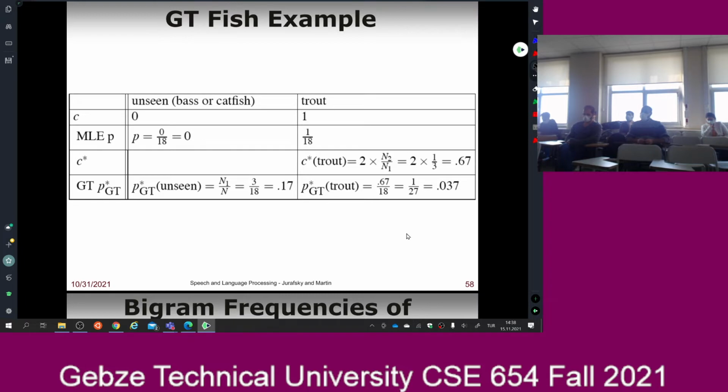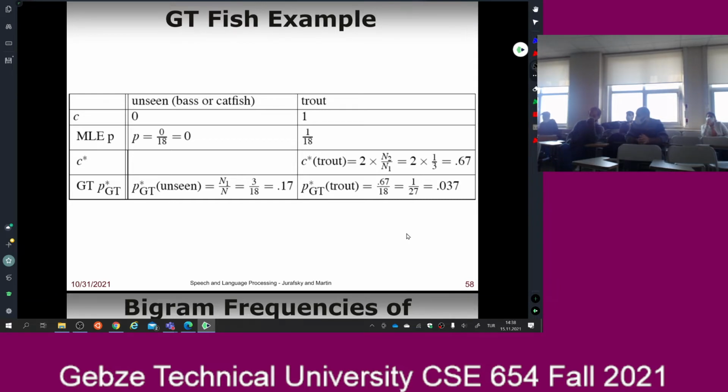It is smaller than 1, and your chance of getting a trout again is 1 over 27. Okay, it's not 1 over 18, but 1 over 27. So it is smaller. So this one is not about catching catfish or bass, okay? This one is about catching an unseen fish.